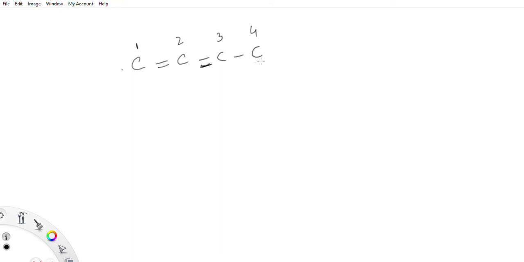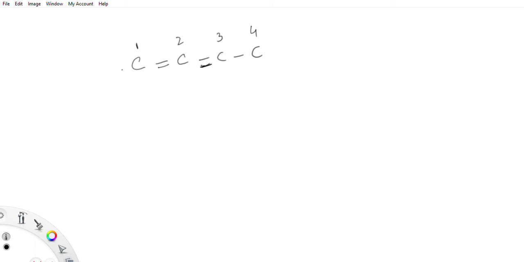If I had counted from the right side, the double bonds would have come at second, third and fourth, and that would be wrong. So the counting starts from the left hand side. One double bond is between position 1 and position 2, and the second double bond is between position 2 and position 3.